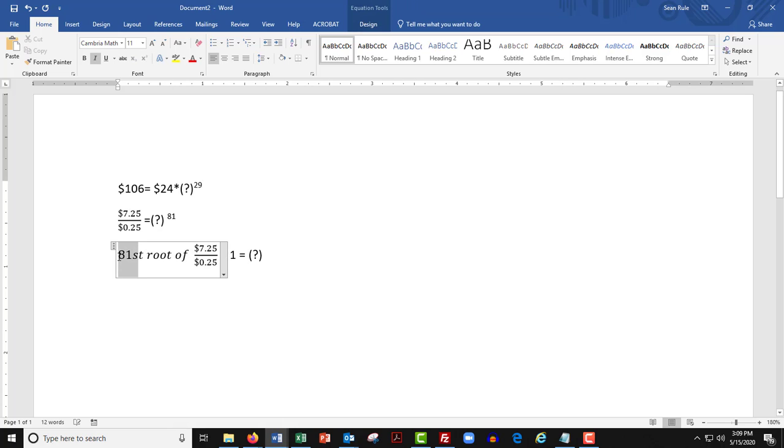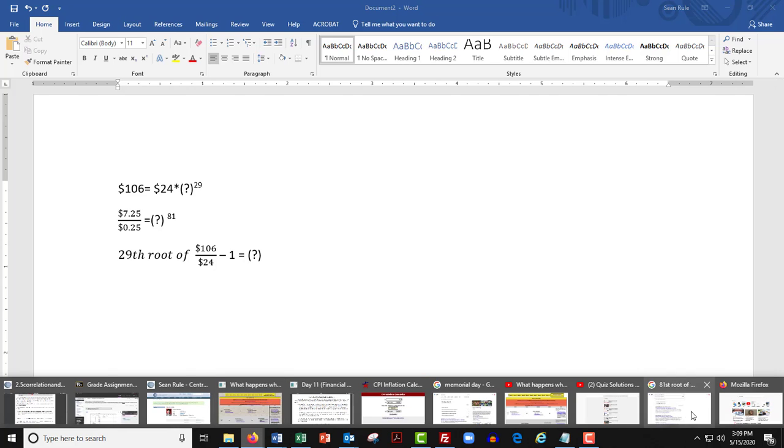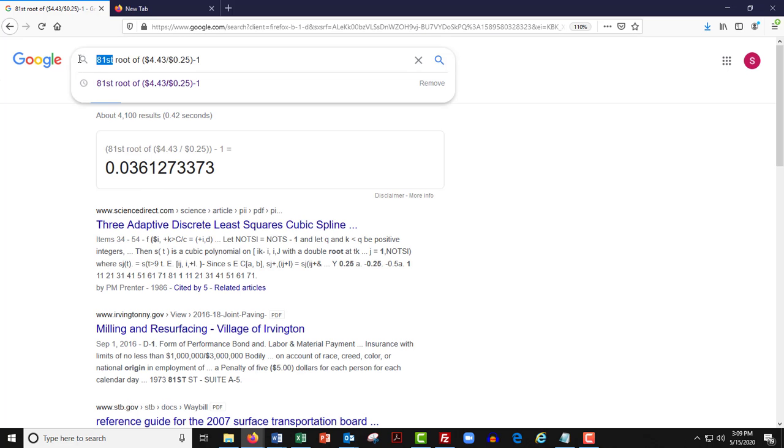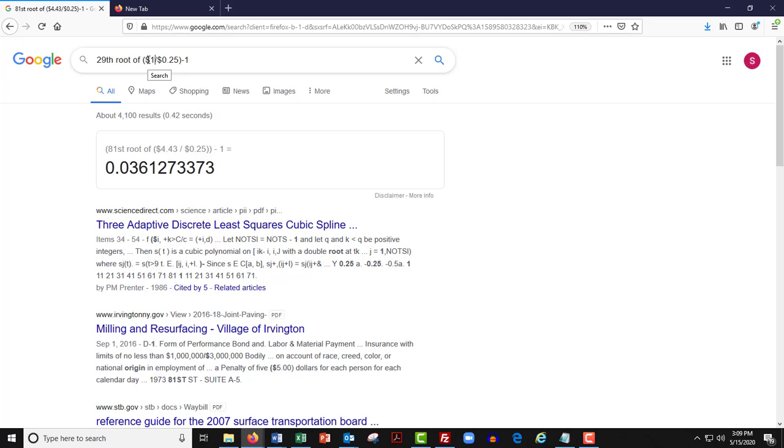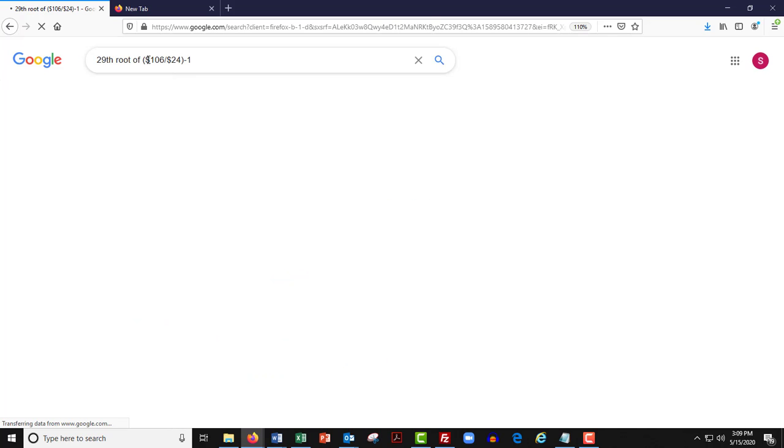So we're going to take the 29th root of 106 over 24, and then minus 1. We can use the exact same Google window I did here and just change it. So it's the 29th root of $106. What I love about Google is it also takes care of the unit, which is pretty rad.